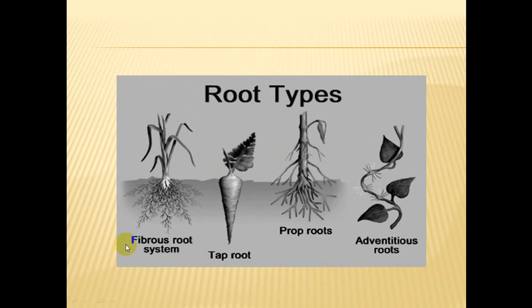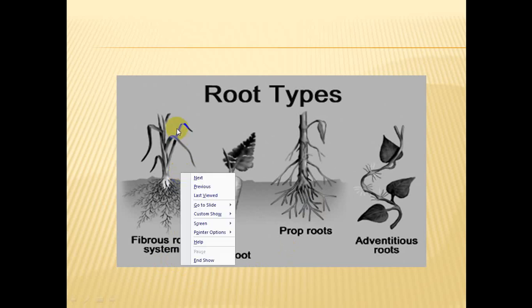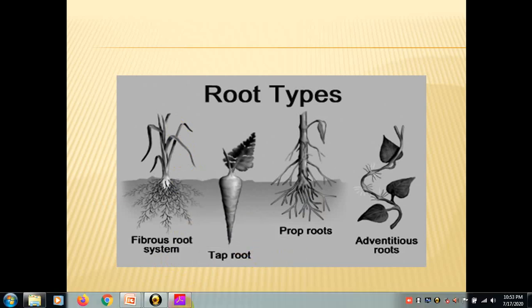So this is fibrous roots, this is tap root, this is prop root, and this is adventitious root. Actually, generally we can say the root is of 2 types: adventitious root and tap root. So if we go to the root section in the book, we will see what is written about the root.